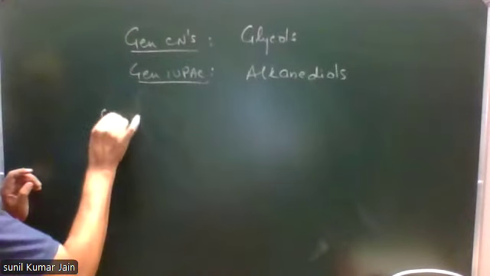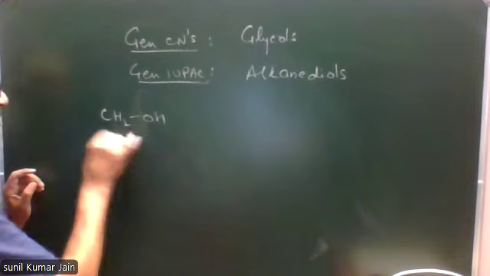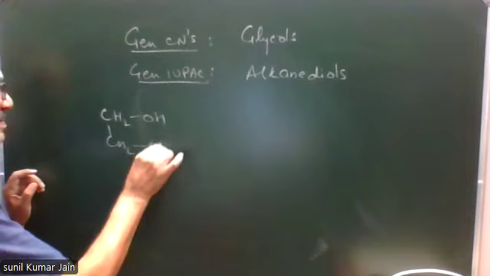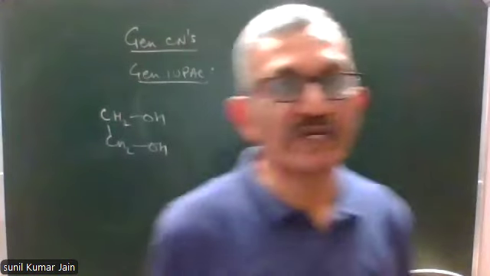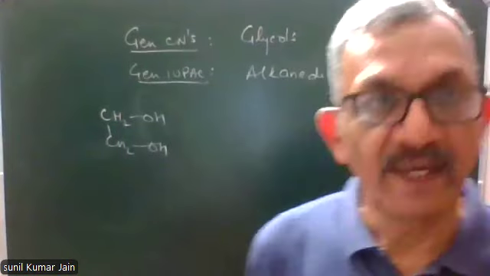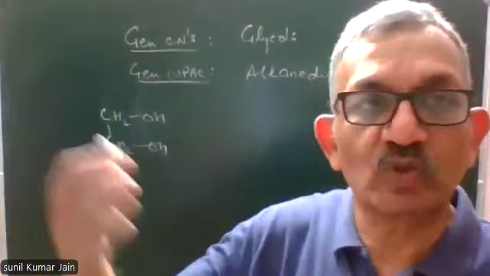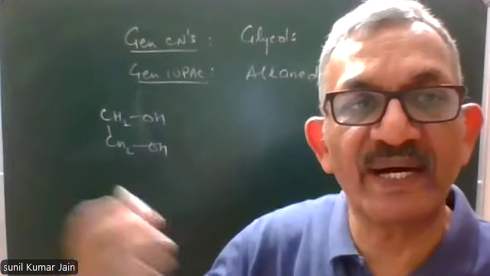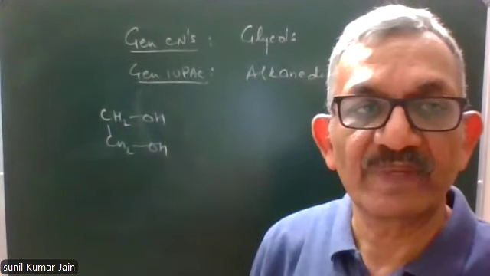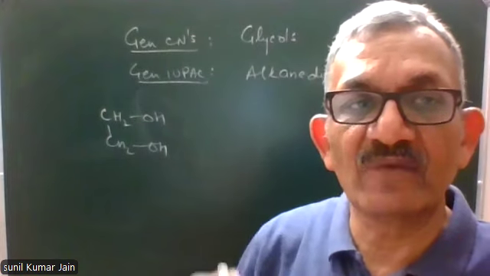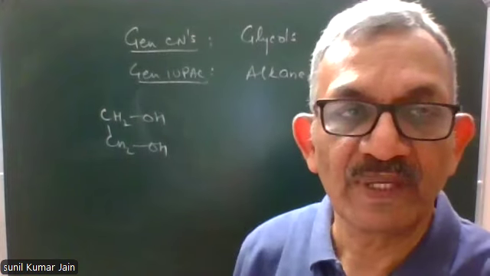For example, CH2OH, CH2OH. See, two OH groups are attached to adjacent carbon atoms. It means this is a vicinal compound.